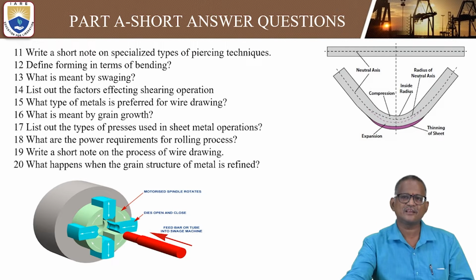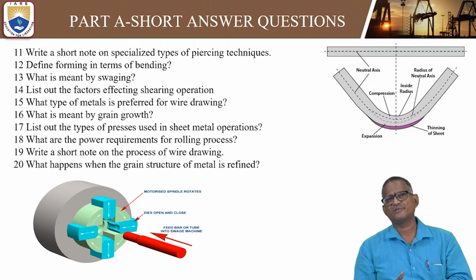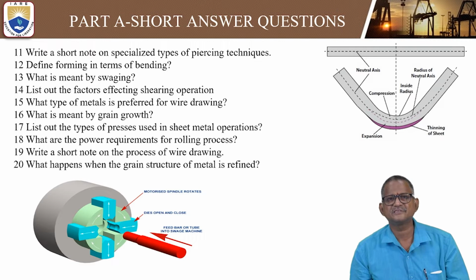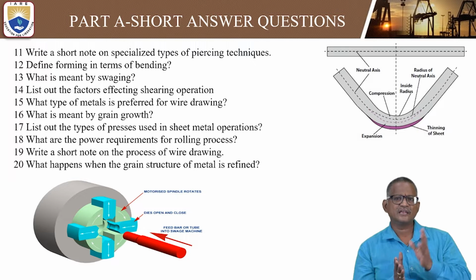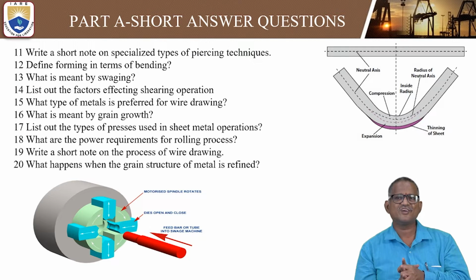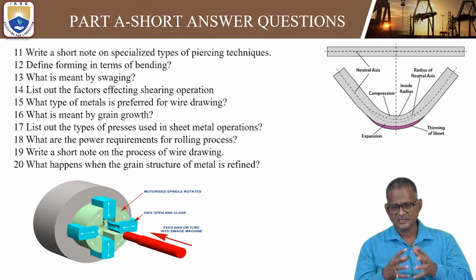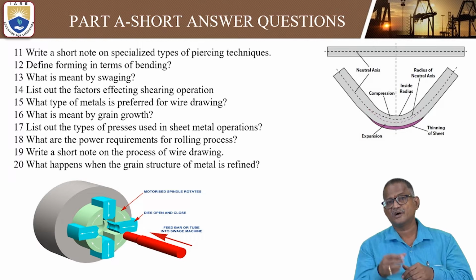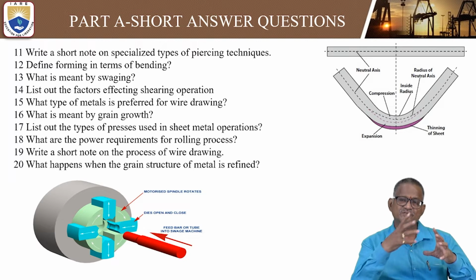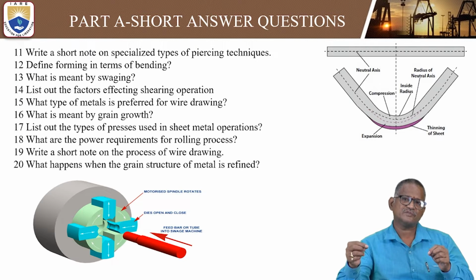There are also mechanical components applicable for differentiating the presses. Okay, and coming to the next, write a short note on wire drawing. Wire drawing means thin wires, such as electrical cables, and how they prepare wires with a large diameter to a small diameter.